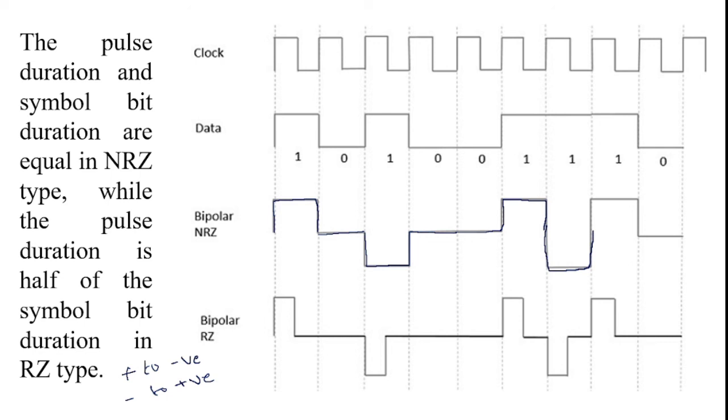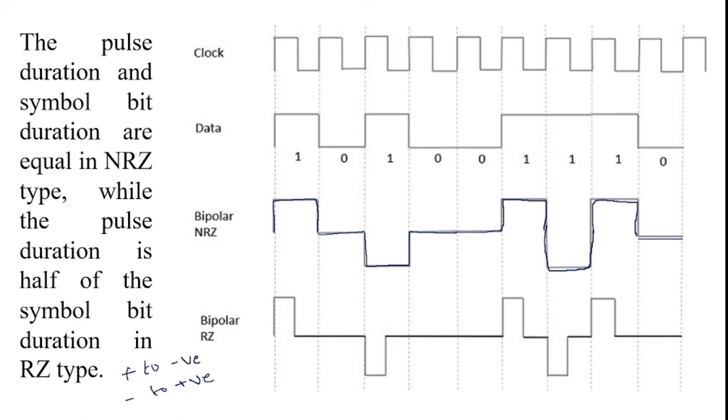Alternate ones are of equal polarity, and this is high data. That high data is negative, and after that the alternate one is negative polarity, and this is low data, a zero voltage level. So that is the concept of bipolar non-return to zero.